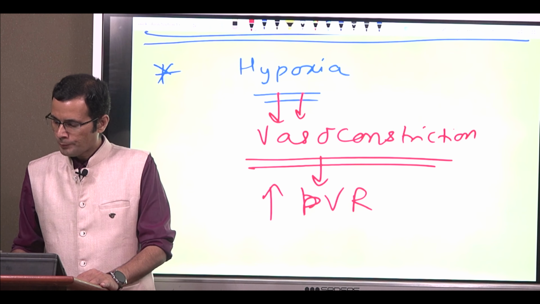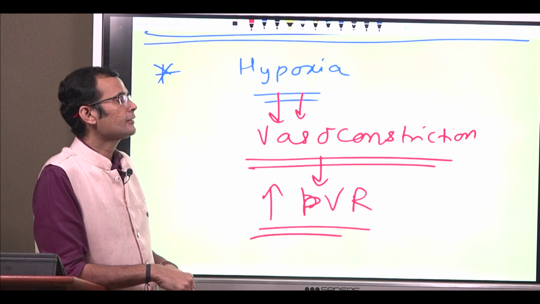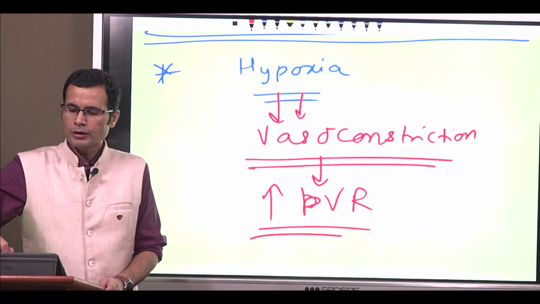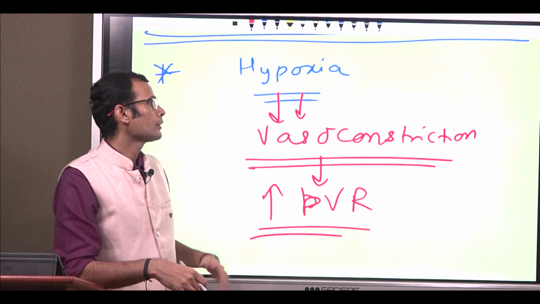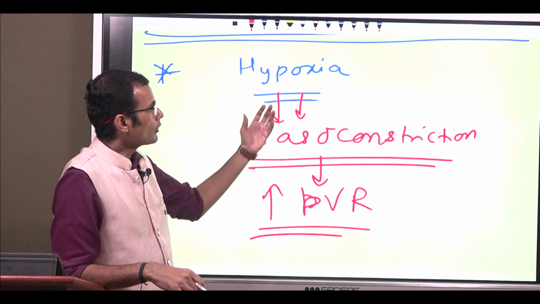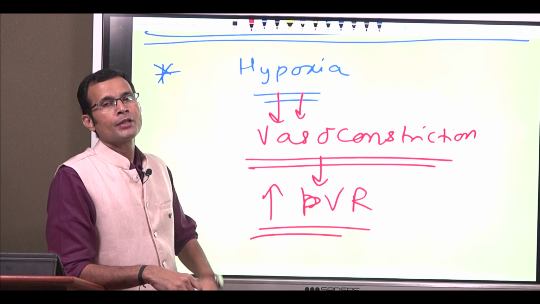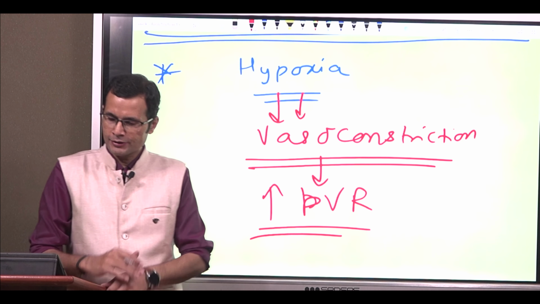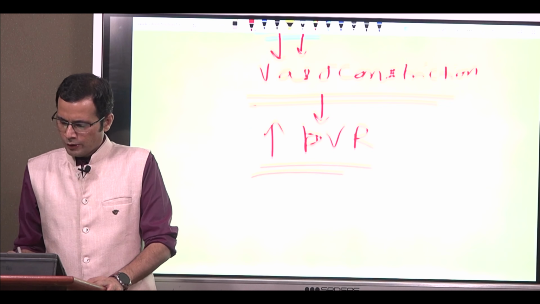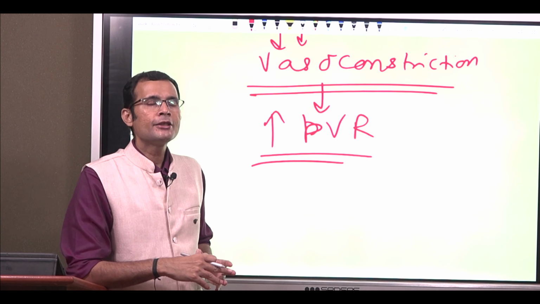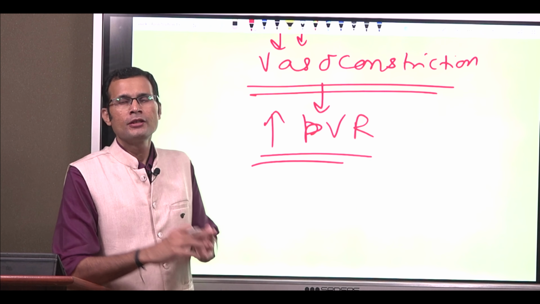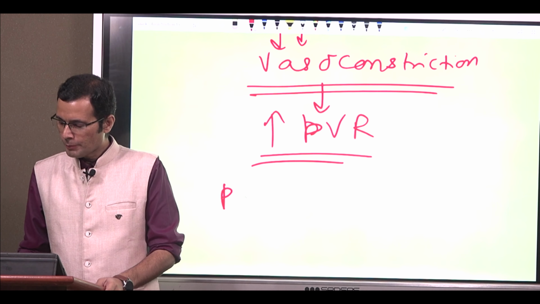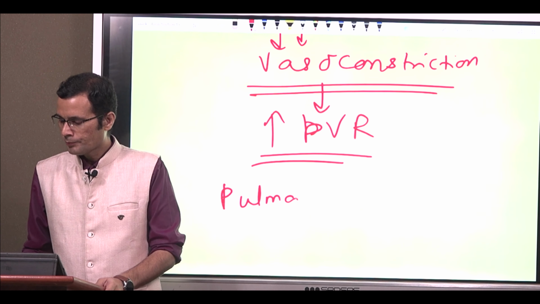So remember, the diseases such as pulmonary edema, pulmonary embolism, cardiovascular diseases, these all will lead to hypoxic situations in the lungs and thereby increase in the pulmonary vascular resistance. Also, one needs to understand that the clinical condition would be called as pulmonary hypertension.